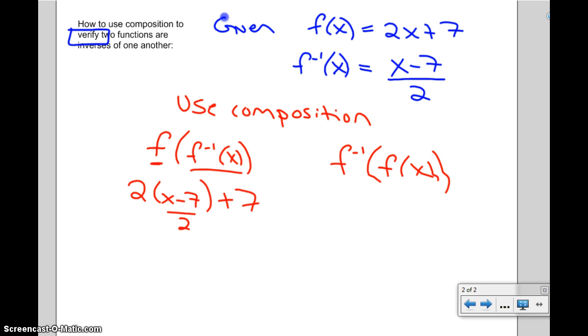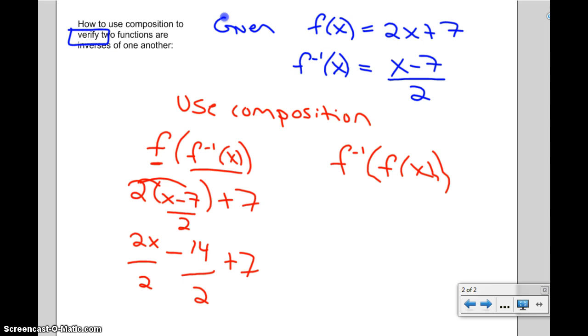So let's try this. If I distribute this 2 inside the parentheses, and I also keep the 2 as a denominator, I will get 2x divided by 2. I will get minus 14 divided by 2. And then I have this random 7 added on at the end.